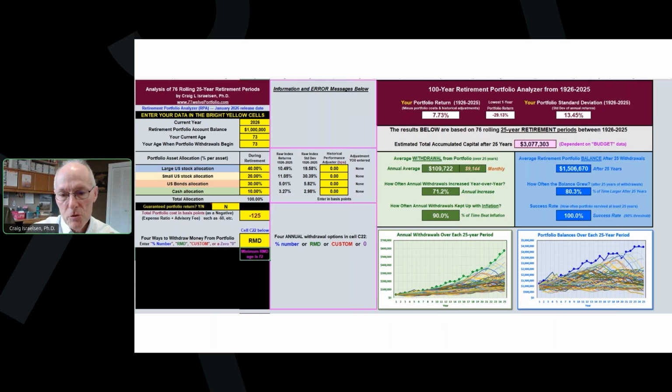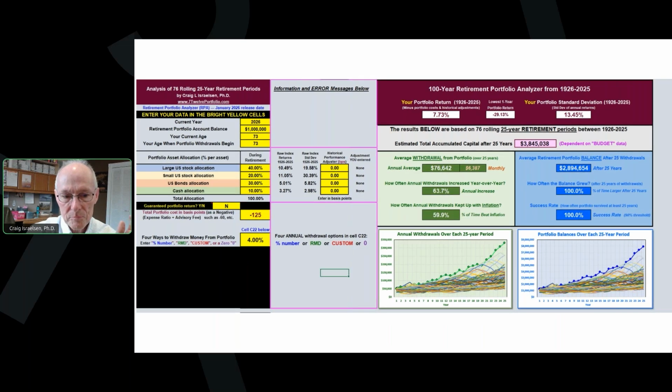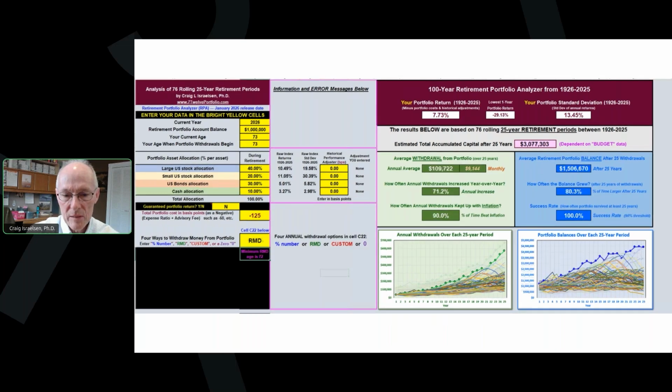Now I'm going to go to a new screen, and the new screen is going to be a 4% withdrawal. There we go. So everything stayed the same, except I went from RMD, which you're seeing now, and let's just make a mental note. The average withdrawal was, call it 110,000, and our average balance at the end of 25 years was 1.5 million.